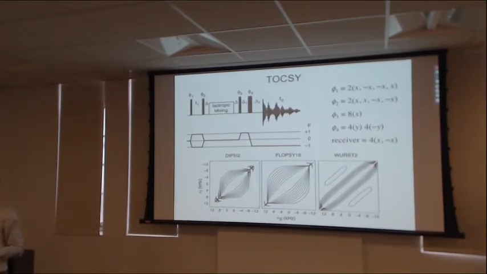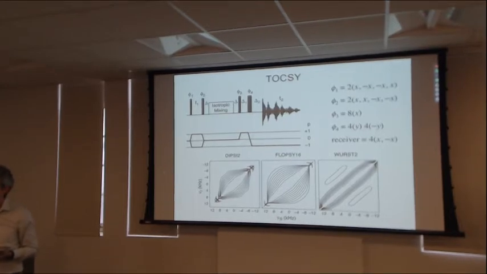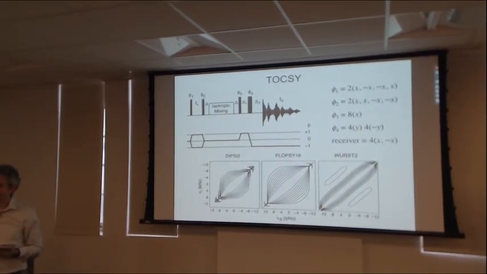And the same problem came up. You could collapse with very strong CW fields, say applied to the carbon spectrum while you recorded the proton spectrum, but it wasn't very practical. And schemes started to be developed that would decouple with less and less power, better and better performance over broad bandwidth and low power. When the TOCSY experiment came up, I think it was Ad Bax who had the idea of trying decoupling sequences in the TOCSY experiment.